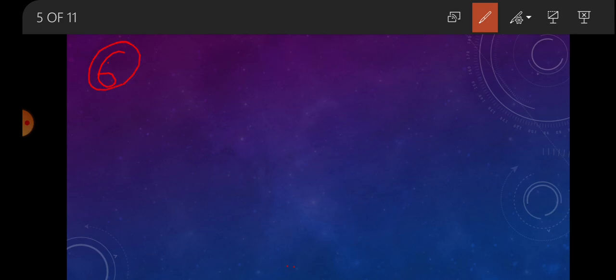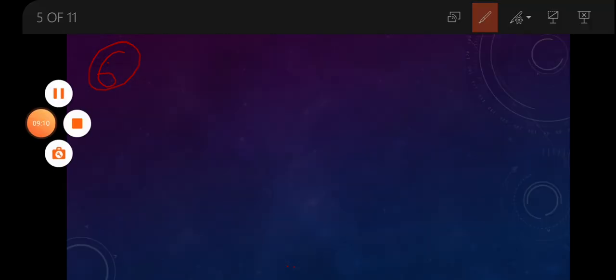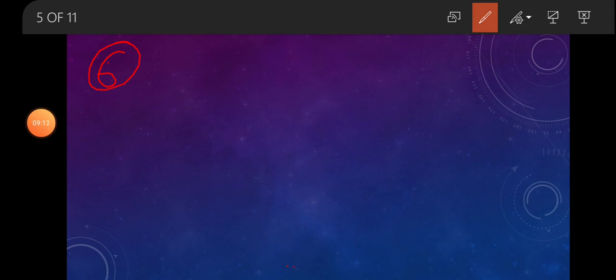The difference of squares of two number is 45. The square of the smaller number is 4 times the larger number. Determine the number. Okay, this question says the difference of two squares of two number is 45.